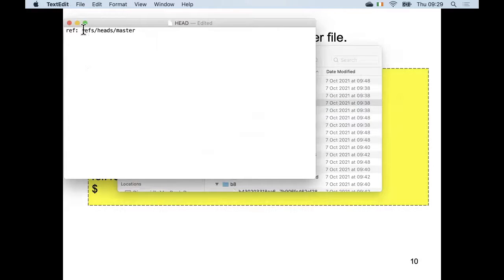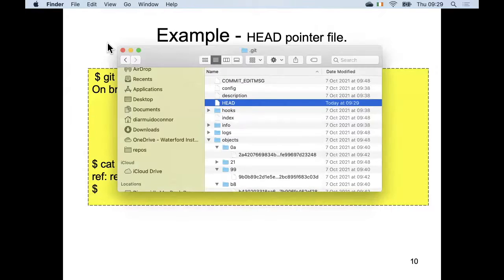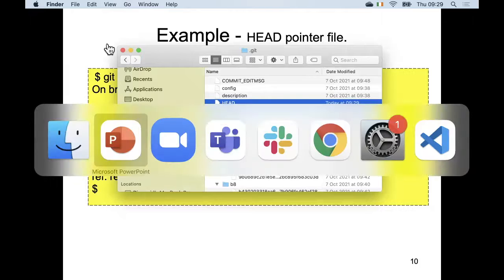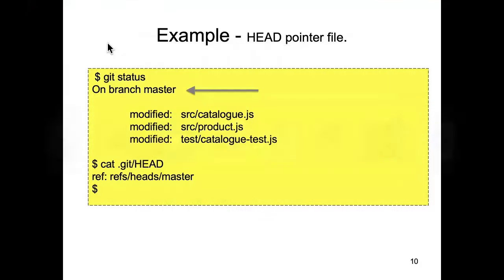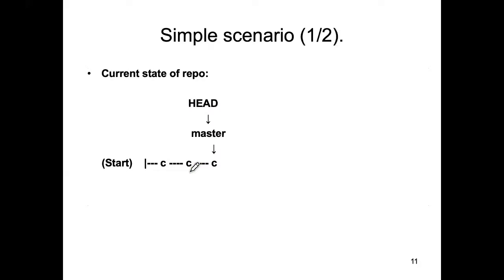So that's just the path name of a particular branch file, as I said. So git status, then I cat the contents of the head file for this particular scenario. It's giving me that, and that's just confirming what I just illustrated to you.